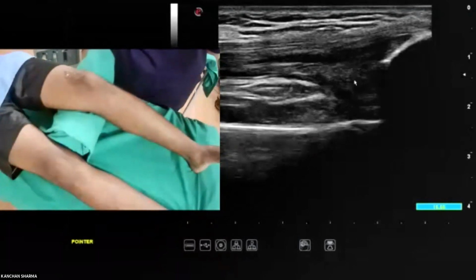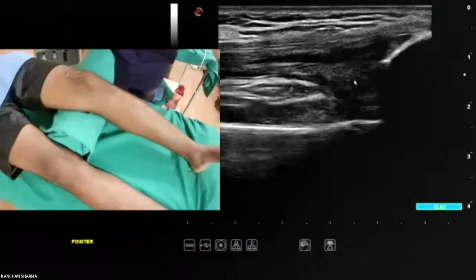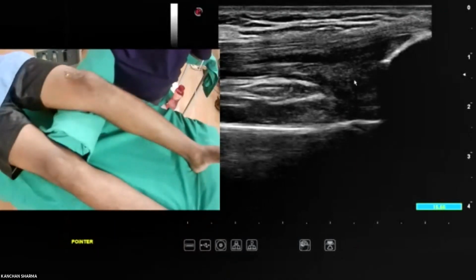So this portion which you are able to see here is your suprapatellar fat pad, and this whole portion from here is your prefemoral fat pad. This is the femur, and this fat pad is in front of the femur, so this becomes your prefemoral. This is the patella, and this is superior to the patella, so this becomes your suprapatellar. And in between these two, this black thing is your suprapatellar recess.